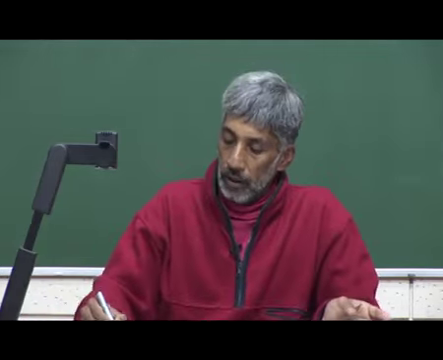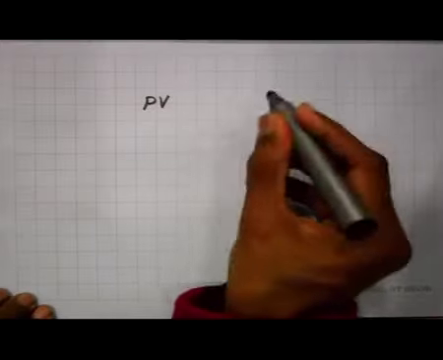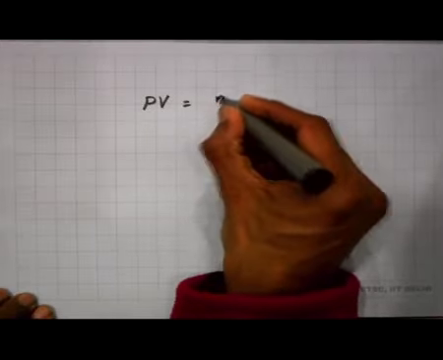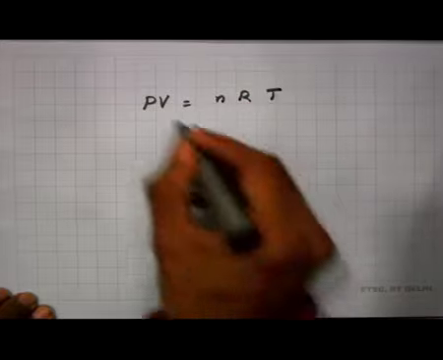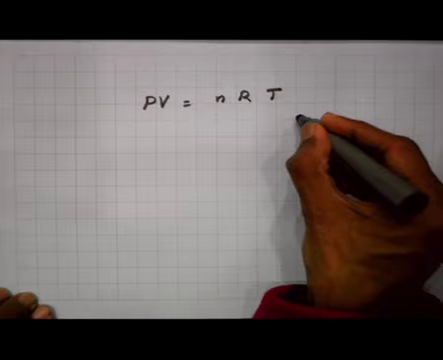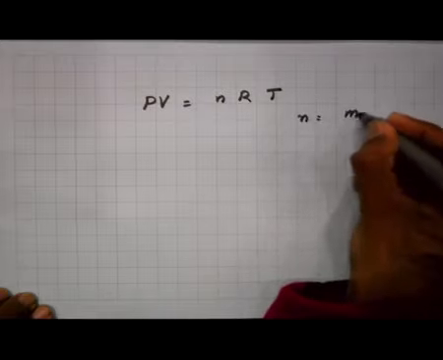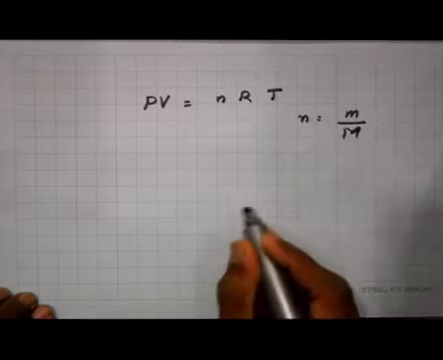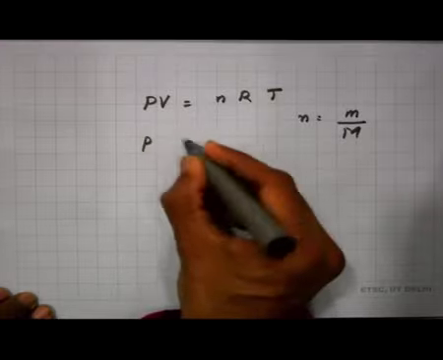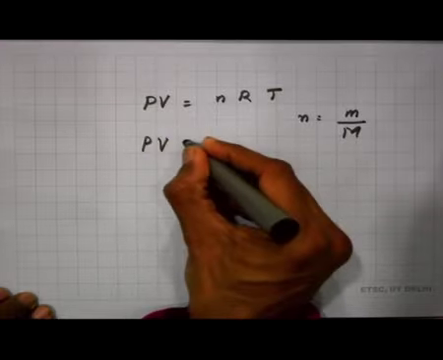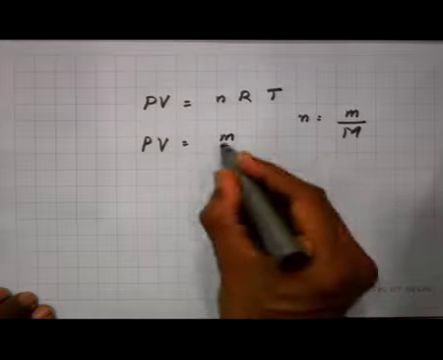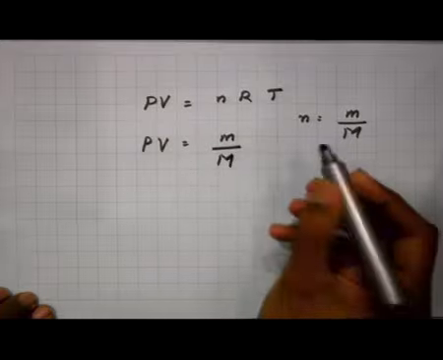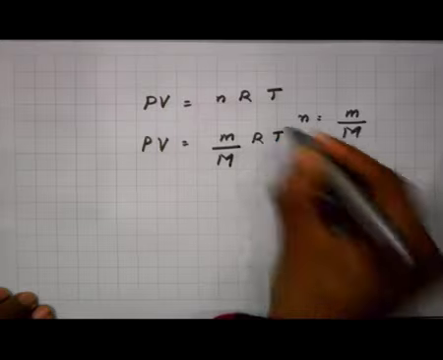Right. So, we say that PV equals nRT, and in the previous problem we said that n is equal to mass by the molar mass. So, we rewrite this a little bit. We say PV is equal to the mass of the gas sample over the molar mass times RT.